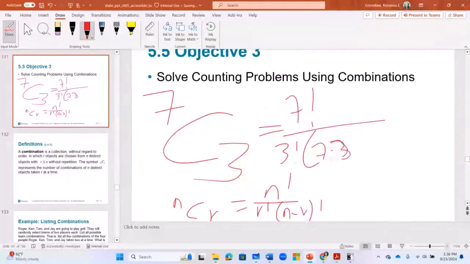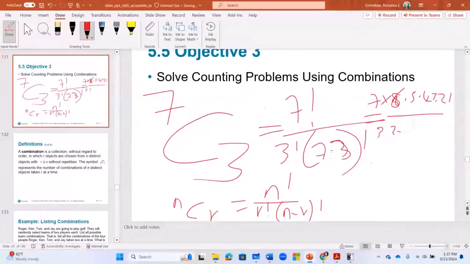So this is how I'm going to do it. Don't worry about doing it by hand, but anyway, I'm going to show what it is. 7 times 6, 5, 4, 3, 2, 1, and then 3 factorial, which is 3 times 2 times 1, and 7 minus 3 is 4, so 4 times 3 times 2 times 1.